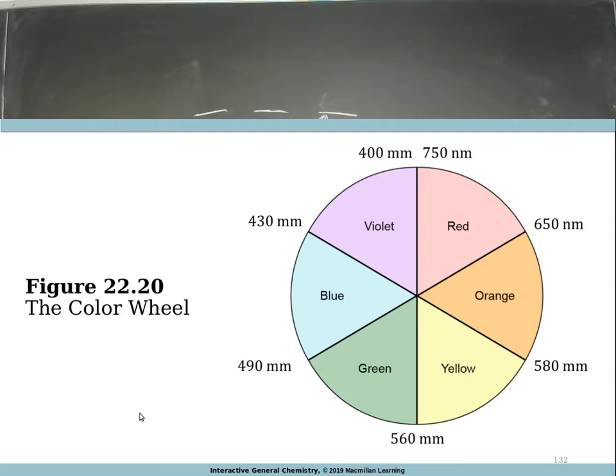So if 600 nanometer light is absorbed by the complex, then blue is what I will see, because that's the light that gets through, that escapes. And so if you're looking at the actual color of a compound by the naked eye, then you're going to want to choose the wavelength that is opposite of that.